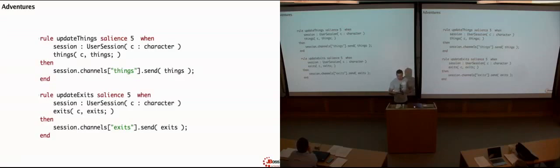So this is the last bit. Within the UI, you saw how the different UI elements, your exits and the things, were updated as you moved from room to room. The UI is automatically updated. And the way that works is I have some rules set up: update things, update exits, and each time the user's location changes, they return a new set of things or a new set of exits.